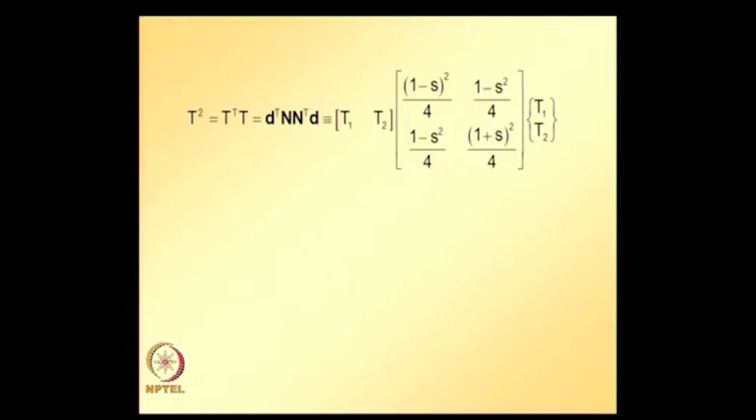T squared can be written as T transpose T, where T is N transpose d, so T transpose is d transpose N. So T transpose T is d transpose N N transpose d, and after making substitution of d and N values and simplifying, we get this equation.